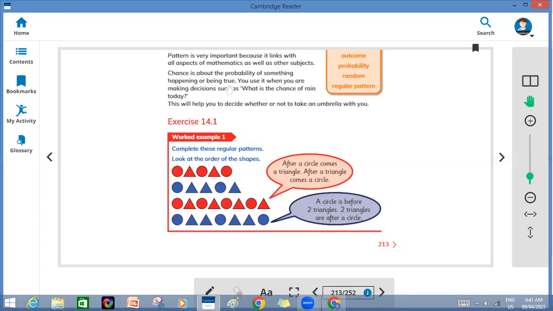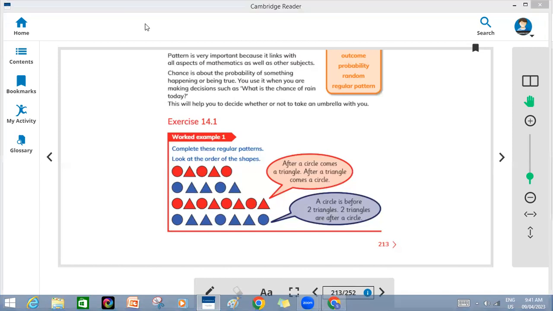You use it when you are making decisions, such as what is the chance of rain today. There was a lot of chance today for rain. That's why we are learning online. So the things that you are not sure whether they will be or won't be is called probability.